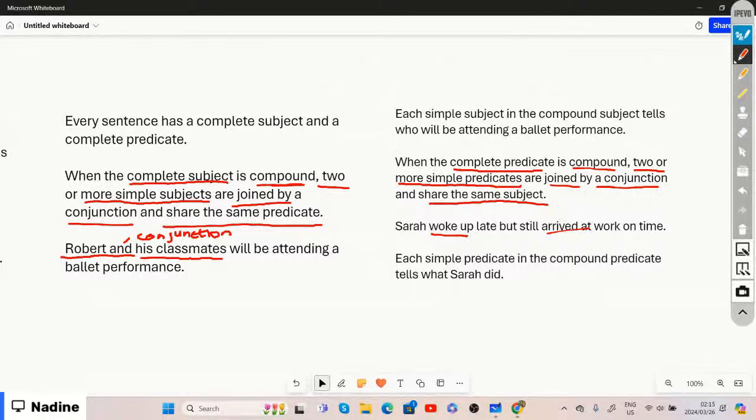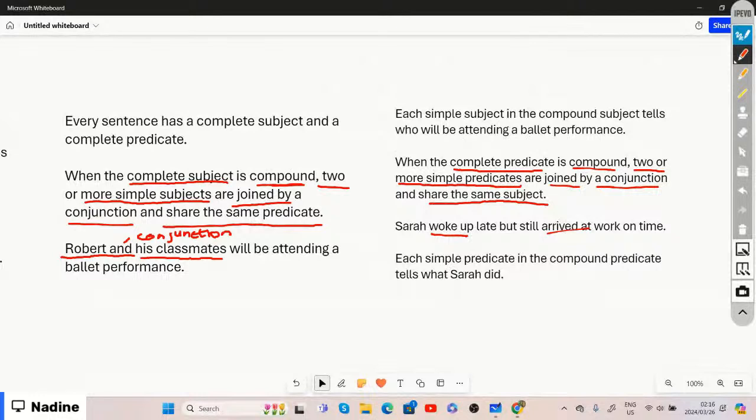It tells us what Sarah did. Sarah woke up late, and the other thing that shows us what she did, she arrived at work on time. So that is basically our compound predicate.